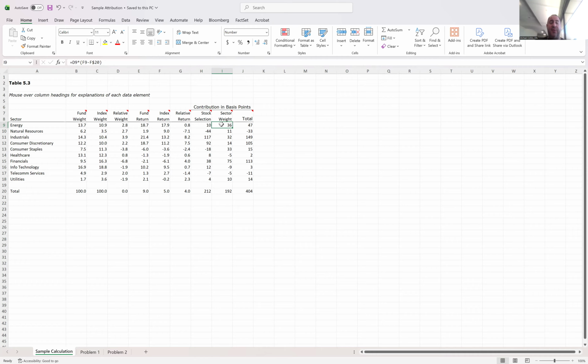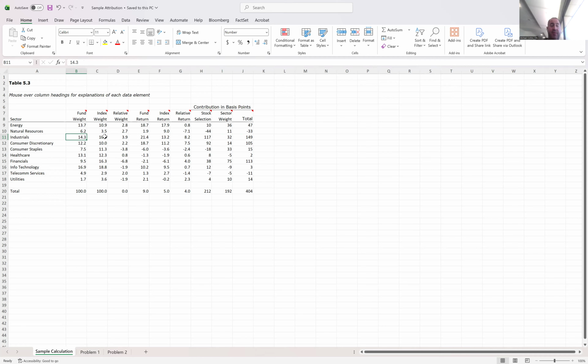Let's take a look. And you can also see for problem two, all the weights and formulas are right here. So all you'll need to do on problem two is really just copy that forward. Let's look at the biggest positive contributor. If you were defining the fund, why did it do so well? Well, they benefited from a positive sector weight.